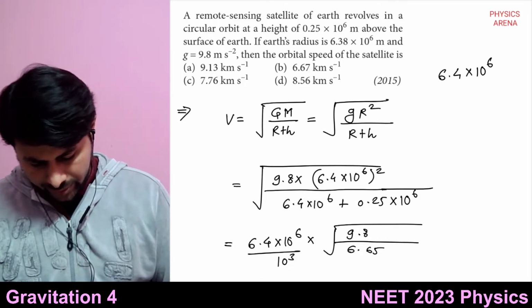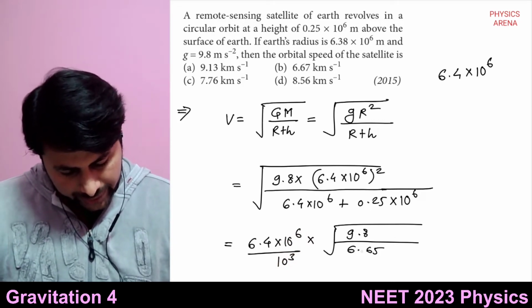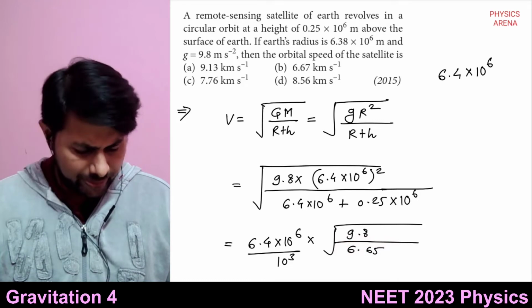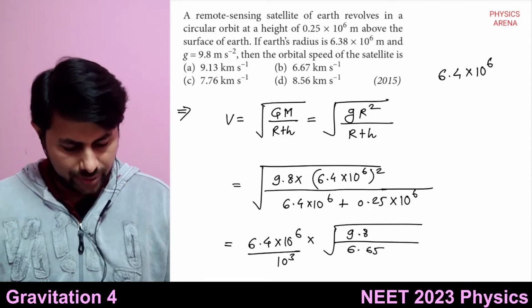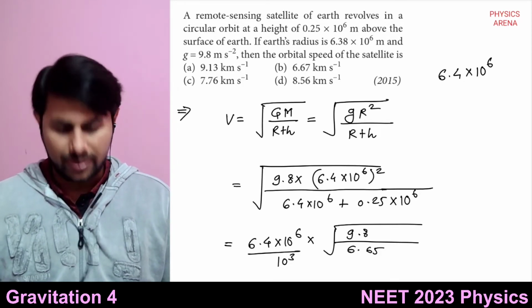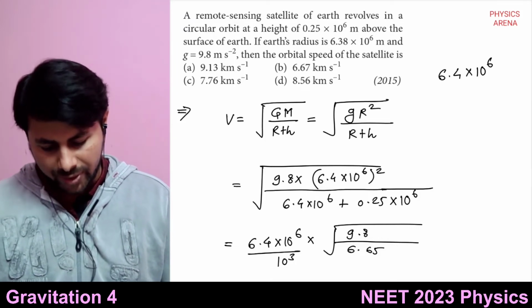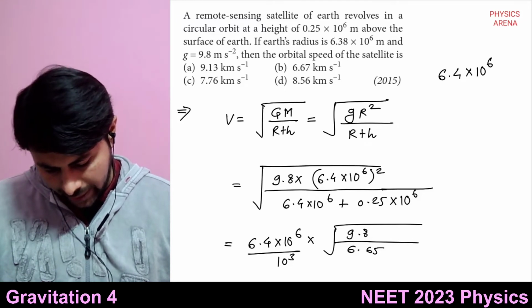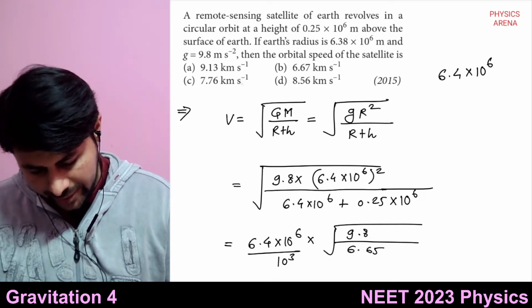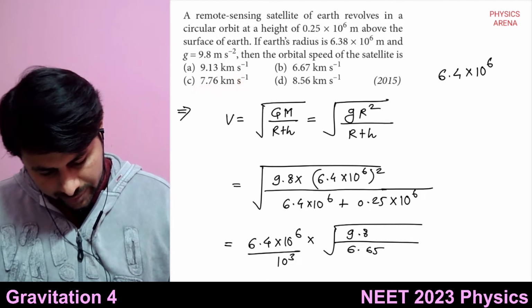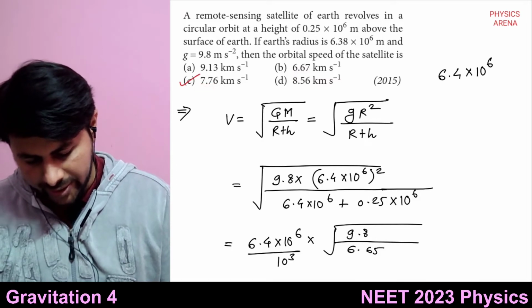So 10 raised to 6 upon 10 raised to 3 is 10 raised to 3, and 9.8 divided by 6.65, in round figure, will be 3 is to 2, near about 1.5 or something. So the square root of that will be nearly 1.2. And if I am correct, this will be greater than 6.6. So I guess this will be the answer.